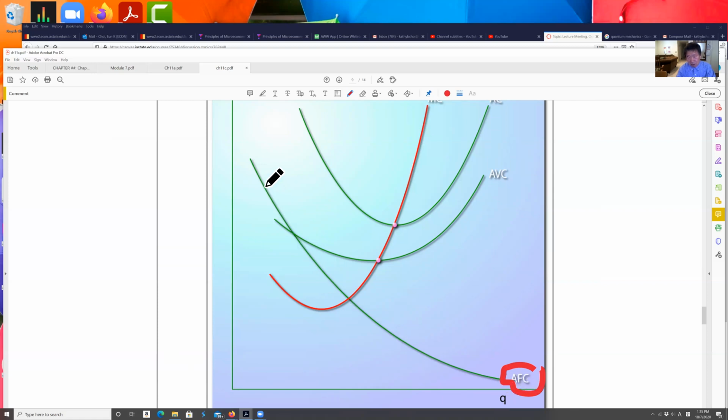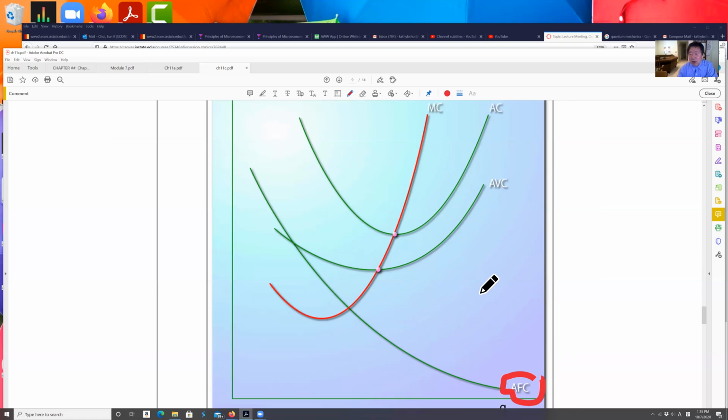Okay, so mathematicians call it, this AFC approaches the horizontal axis asymptotically. It is always declining but never touches the horizontal axis. Okay, so AFC is negatively sloped everywhere. I mean literally everywhere. It is always negatively sloped.